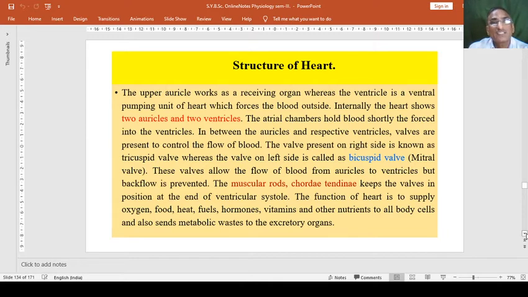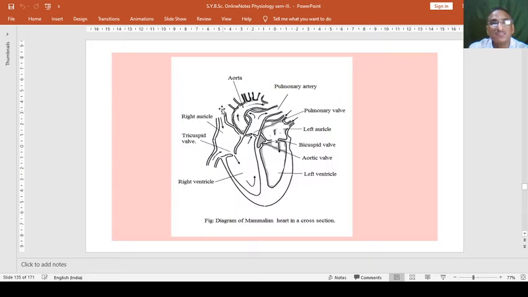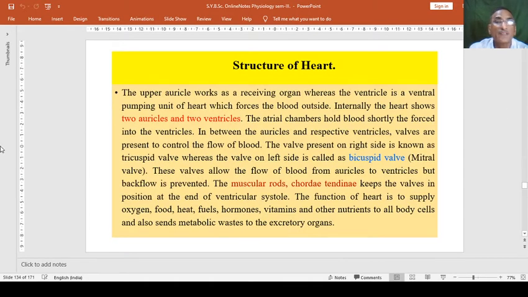Now next is the structure of the heart. The upper auricle and lower ventricle are the basic structure of the heart. Upper auricle, lower ventricle. If it is the right side, right auricle, right ventricle. If it is the left side, left auricle, left ventricle. This is the basic structure of the heart.